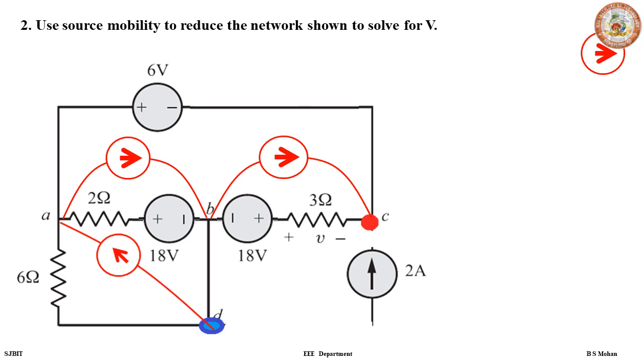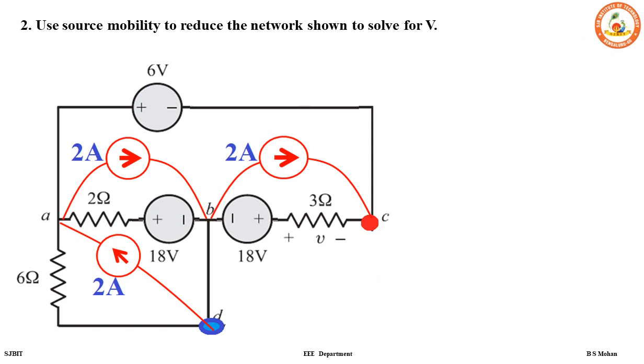So this 2 amp is entering at point A and the same 2 amp is also leaving at point A. So the effect of this 2 amps at point A or point B is nullified, whereas point C exists because it is still entering. Thus the electrical characteristics remain the same as the previous condition, right?